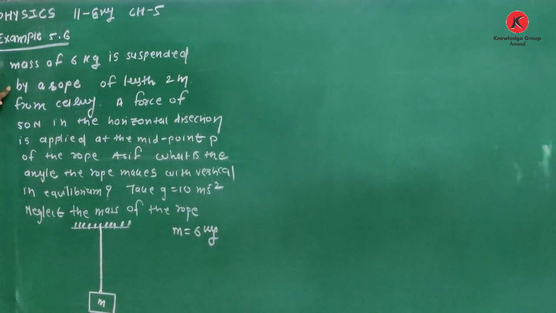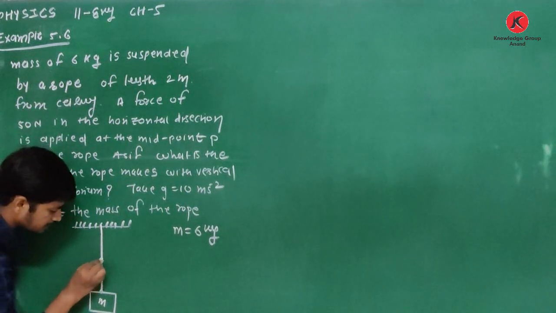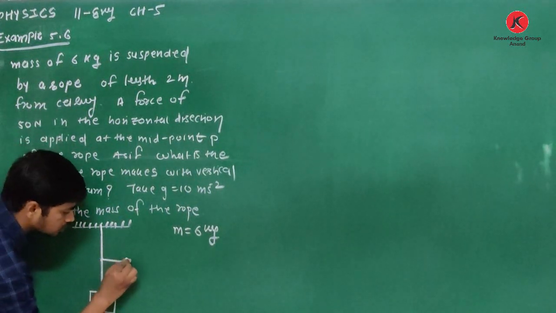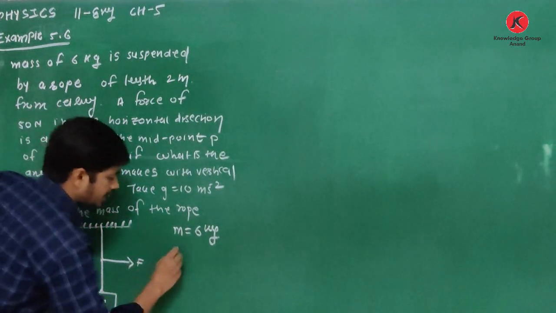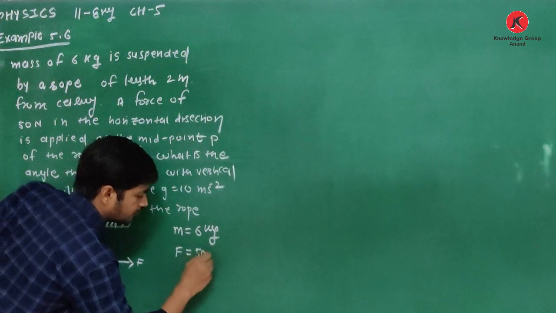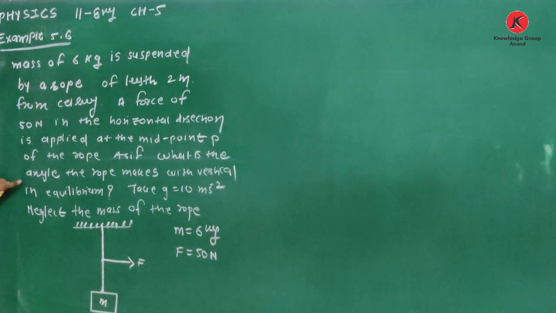A force of 50 Newton in the horizontal direction is applied at the midpoint P of the rope as shown in the figure. At this midpoint, a horizontal force F equal to 50 Newton is applied. The question is, what is the angle the rope makes with the vertical in equilibrium?